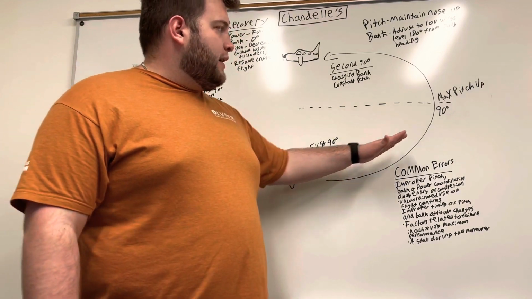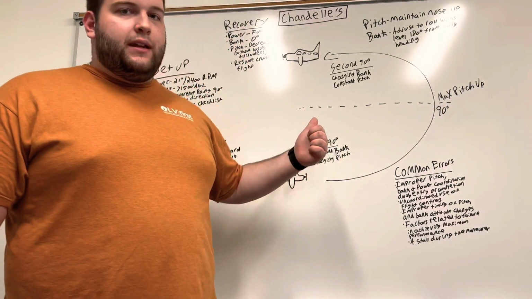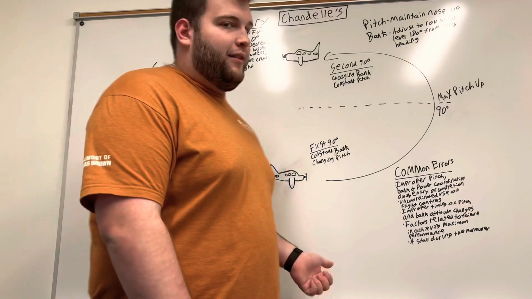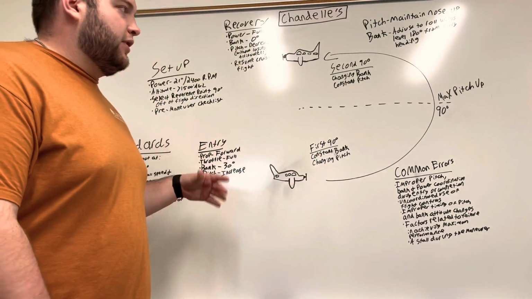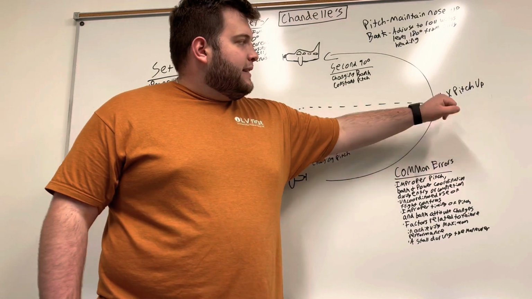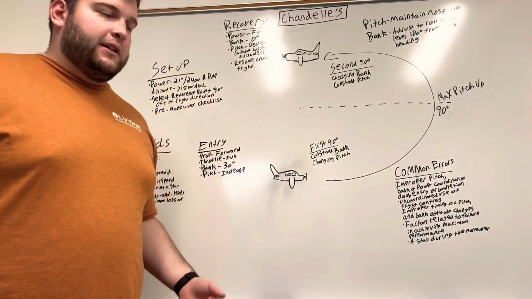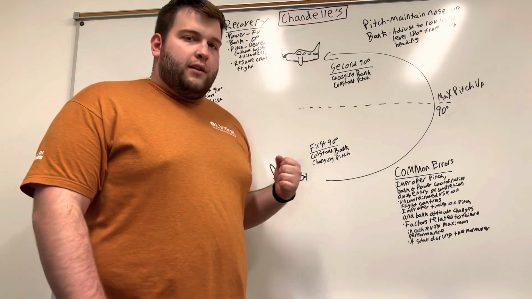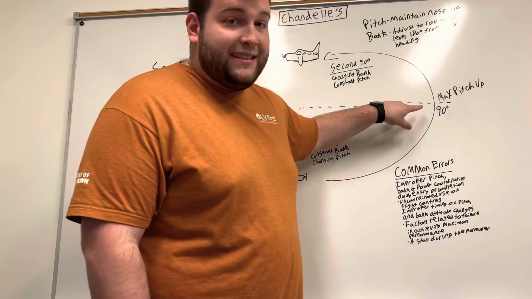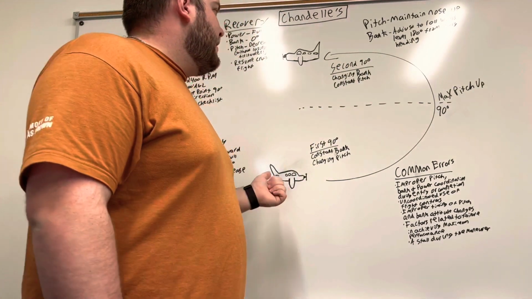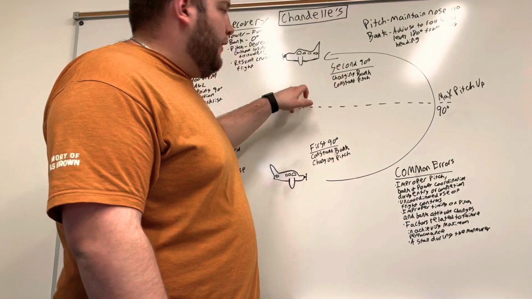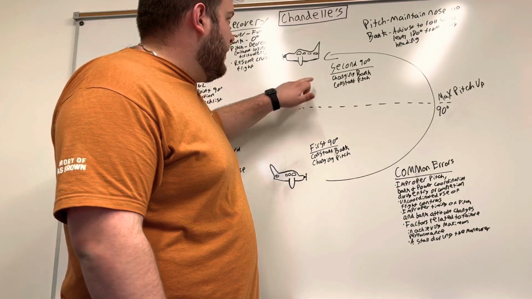So once you get to your 90-degree point, and that will be shown by your heading bug inside the aircraft and your point outside of the aircraft, you want to keep making sure you're looking outside, looking inside, and at that 90-degree point, that's when you want your max pitch up. So that is when you'll have the most pitch that you'll have throughout the maneuver, and you want to hold that. Once you pass that point, that's when you start decreasing the bank, so you can level out, wings level at 180 degrees.